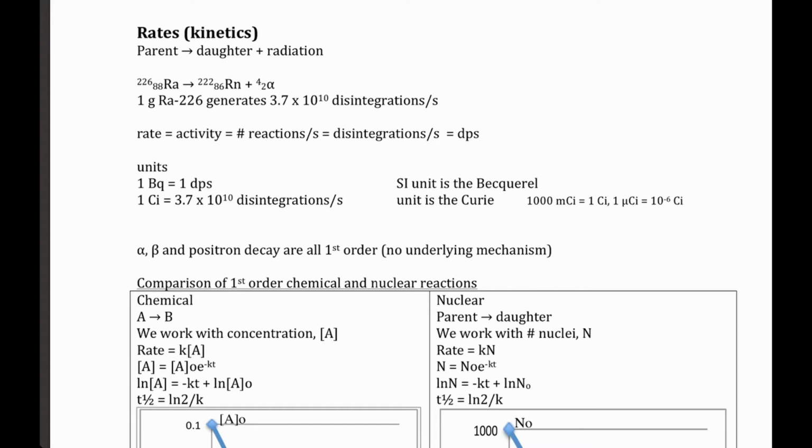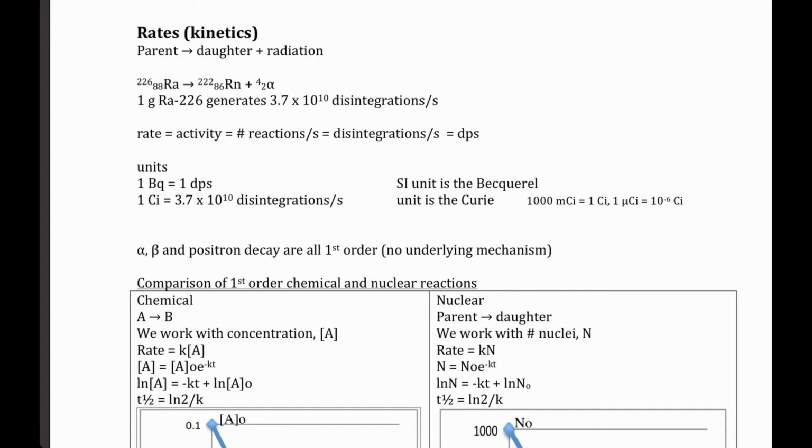It's also simply called, when we're in the nuclear chem world, just simply activity. So rate, as we first learned about it back in chapter 12, in nuclear chem, that's often referred to as activity. And that would be the number of reactions per second, the number of disintegrations, the original isotope disintegrating per second. We could call that DPS, disintegrations per second.